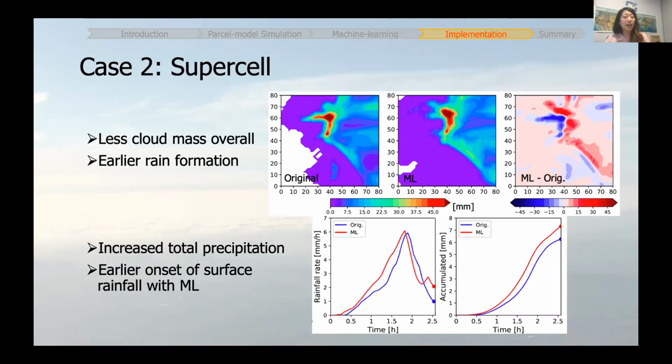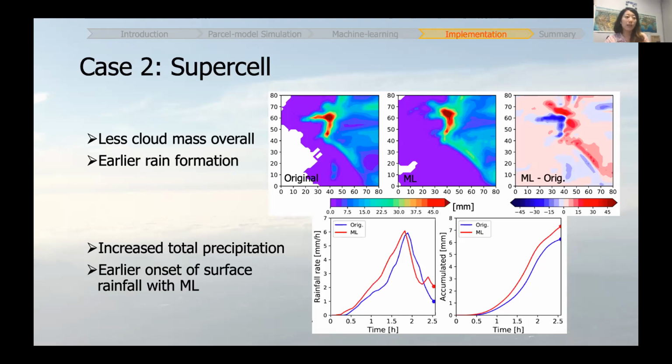I am looking at the surface accumulated precipitation in millimeters for the original default control case and the case where the trained machine was used, and the difference between the two. You can see the difference is mostly positive, meaning that when I use a trained machine, precipitation increased.